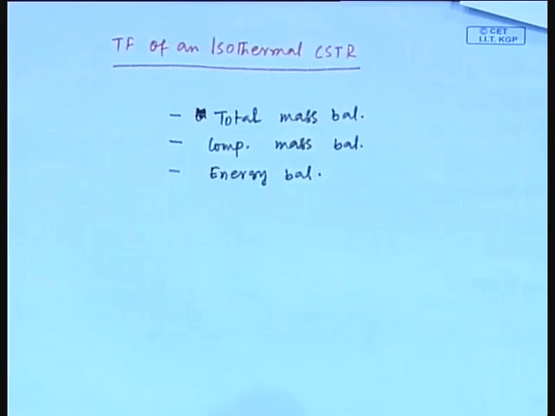Fine. Now, isothermal means constant temperature. So, for the case of isothermal CSTR, the reactor operates at constant temperature. So, there is no variation of temperature.